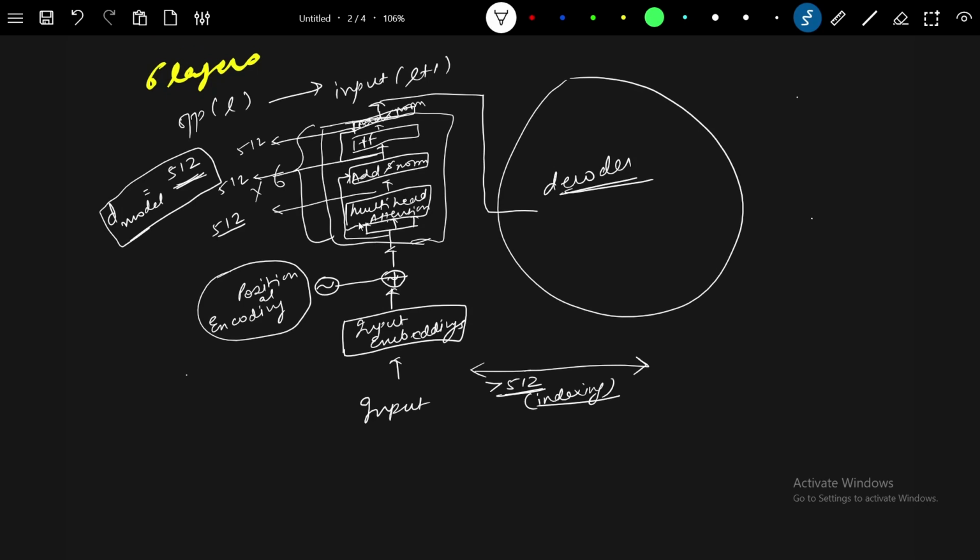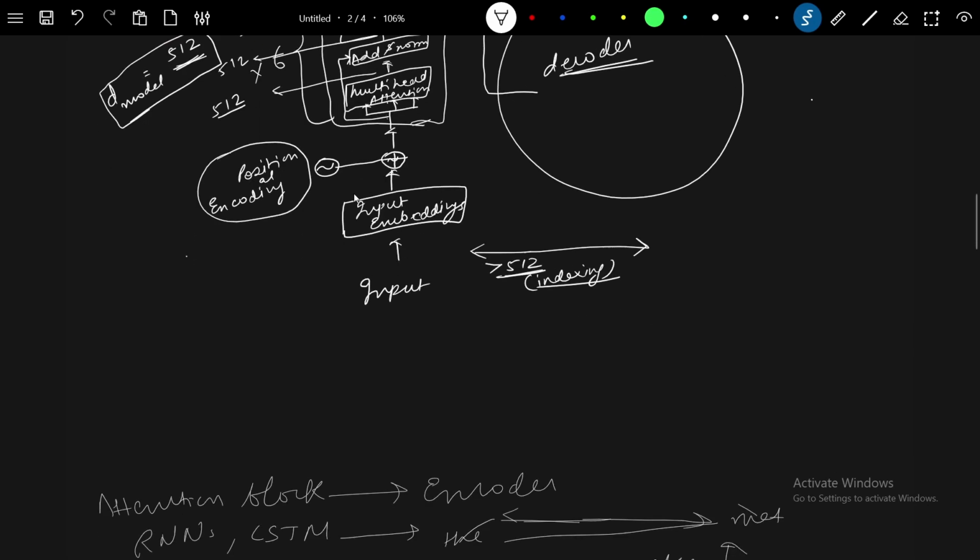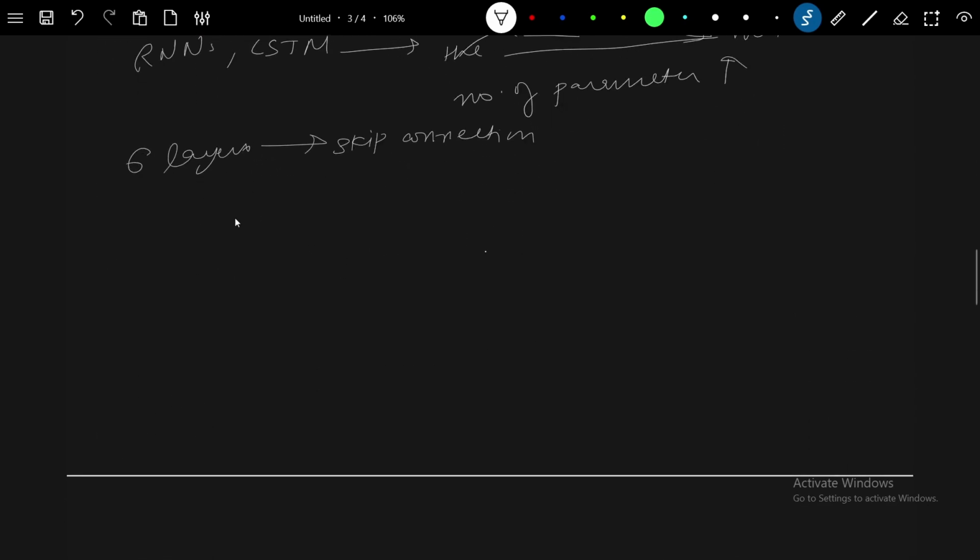The output from this multi-head attention goes into the addition and norm, and there is also a skip connection. It takes the input from here and also passes it to here. So basically it is layer normalization of x plus sublayer(x).